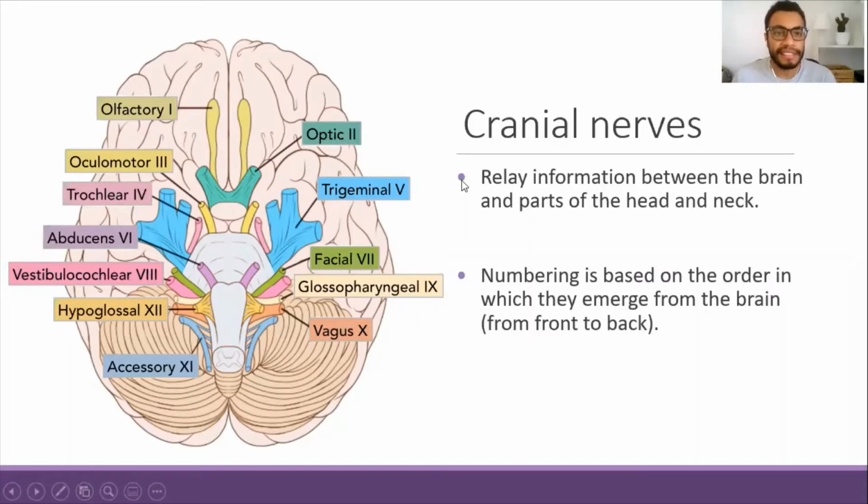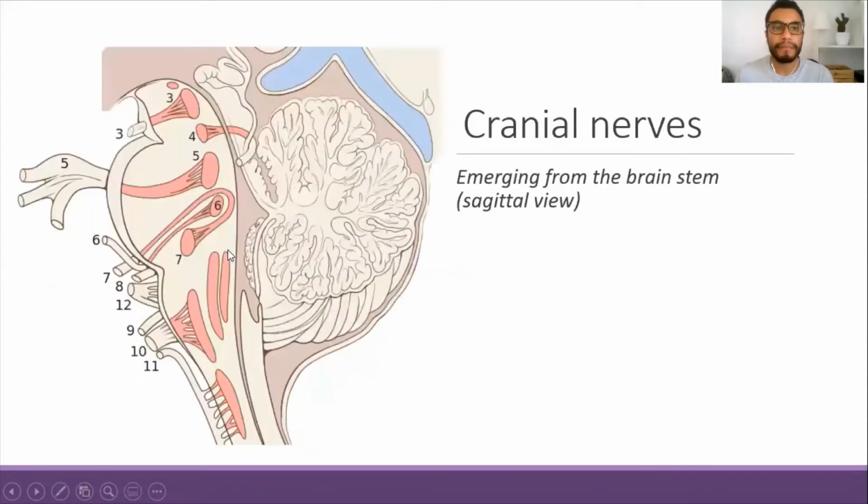If you look in the sagittal view, these 12 pairs all emerge from the brain stem, except pairs 1 and 2, because pairs 1 and 2 emerge from the forebrain. All the rest, from 3 to 12, are located at the brain stem. This is another sagittal view, where we can see 10 pairs from 3 to 12.